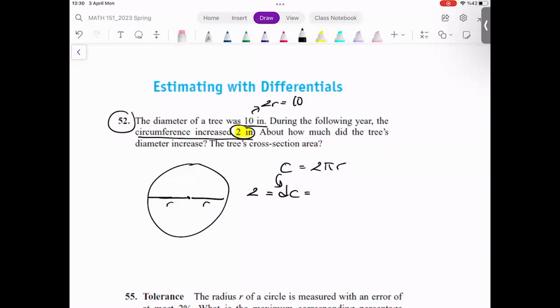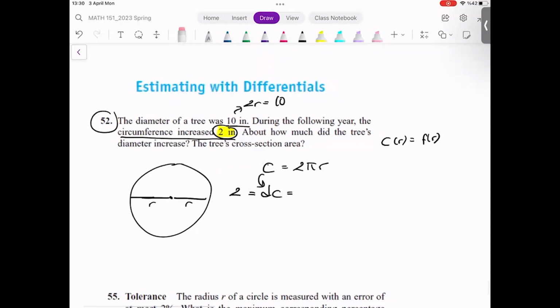So its differential is computed as if your circumference is a function depending on r. If your circumference depends on r, its dC is computed as f prime of r dr, f prime being the derivative of f with respect to r. What is the derivative of this expression with respect to r?